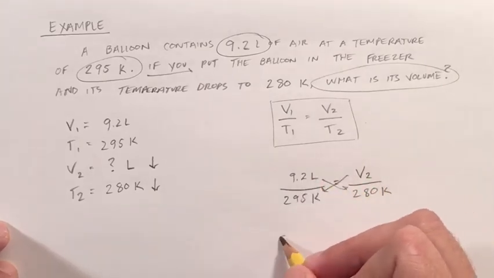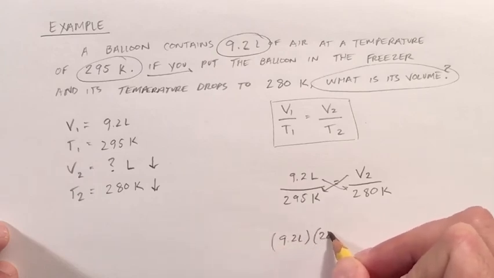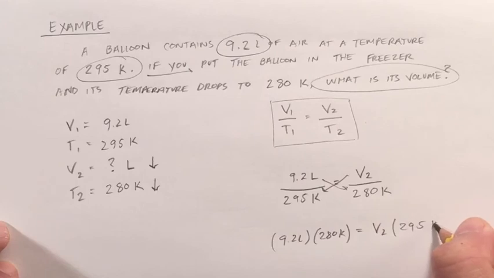So 9.2 liters times 280 Kelvin on the left, and on the right we get V2 times 295 Kelvin. When we multiply these two, we get 2,576 liters times Kelvin up top.